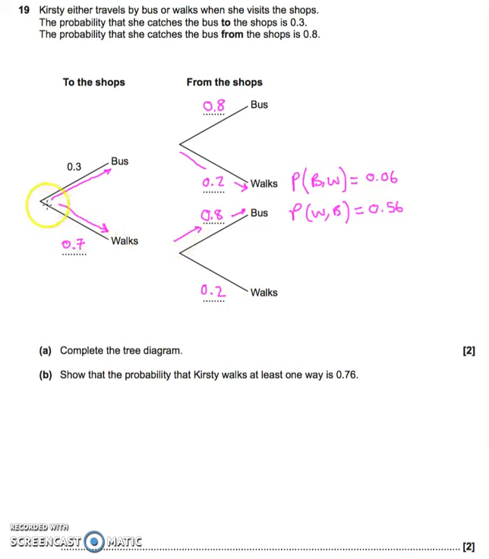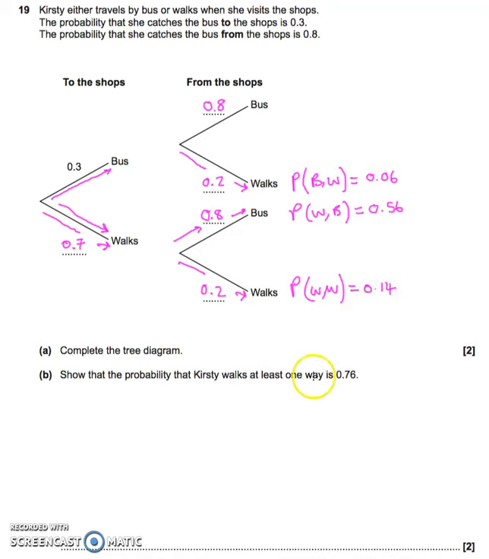And if we then follow the strand for walking and then walking back as well, we're going to do the probability of walking and walking. WW, this is just a notation we use to represent this, is equal to 0.7 multiplied by 0.2, which is 0.14.